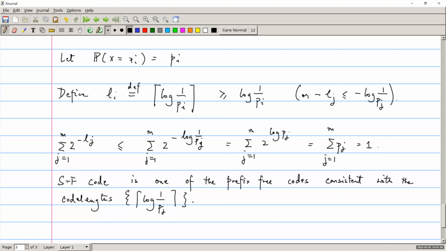So the Shannon-Fano code is a prefix-free code consistent with these code lengths.